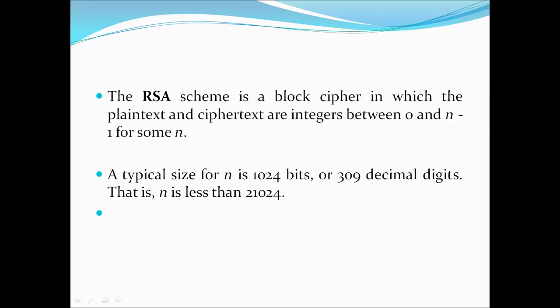The RSA scheme is a block cipher in which the plain text and the ciphertext are integers between 0 and n minus 1. The typical size of n is 1024 bits or 309 decimal digits. That is, n is less than 2^1024.